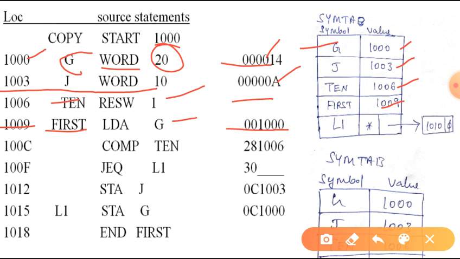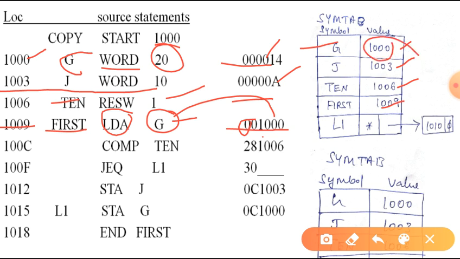You remember that this is the program that I have taken as a SIC program, and in a SIC program all the statements are assembled using 3 bytes. So LDA is replaced with 00, and G is replaced with its address.